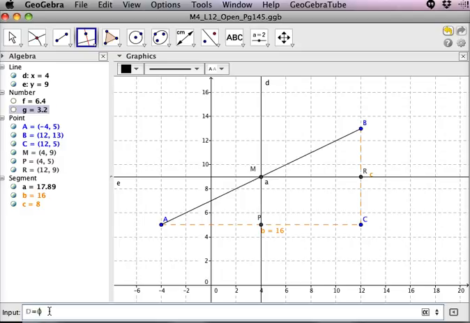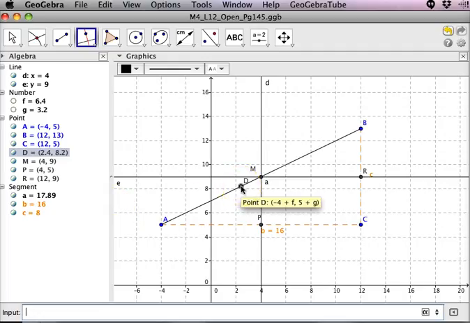All right, I'm going to use -4, the x coordinate of point A, plus, I'll just use the shortcut F, comma, 5 plus G. So that does it. It went ahead and labeled point D. The only thing I couldn't do is make it match up because, like I said, I already have a C out here. And that G is 2/5 of AB.